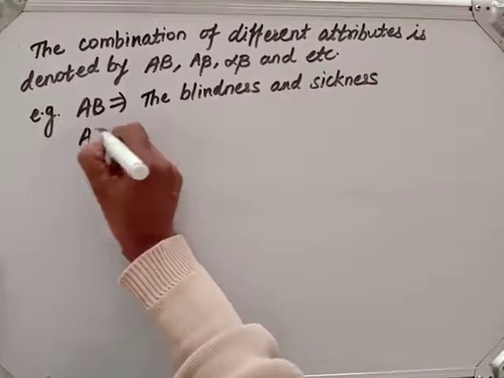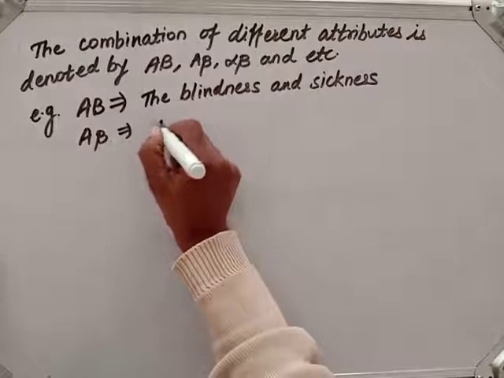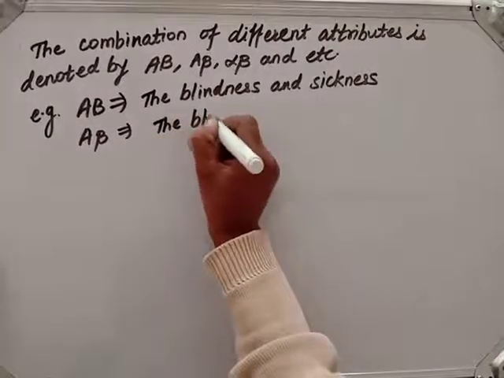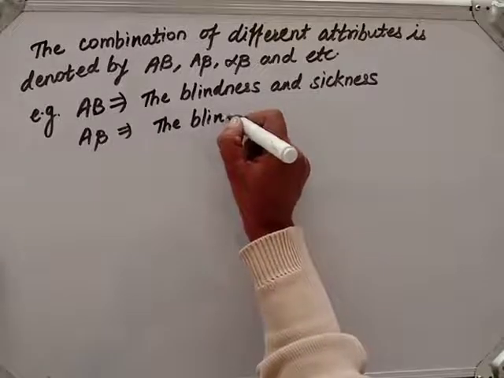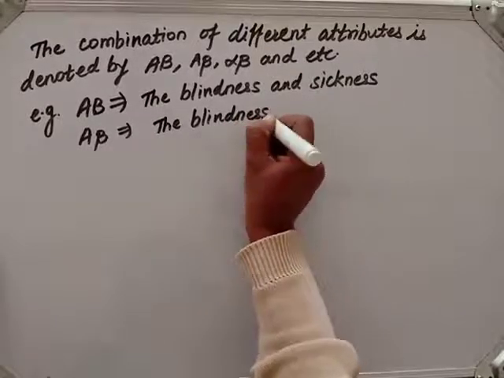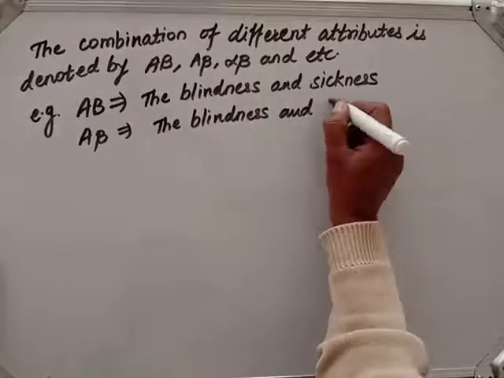What about A beta? It says blindness, A for blindness and beta for health, blindness and opposite of B, that is health.